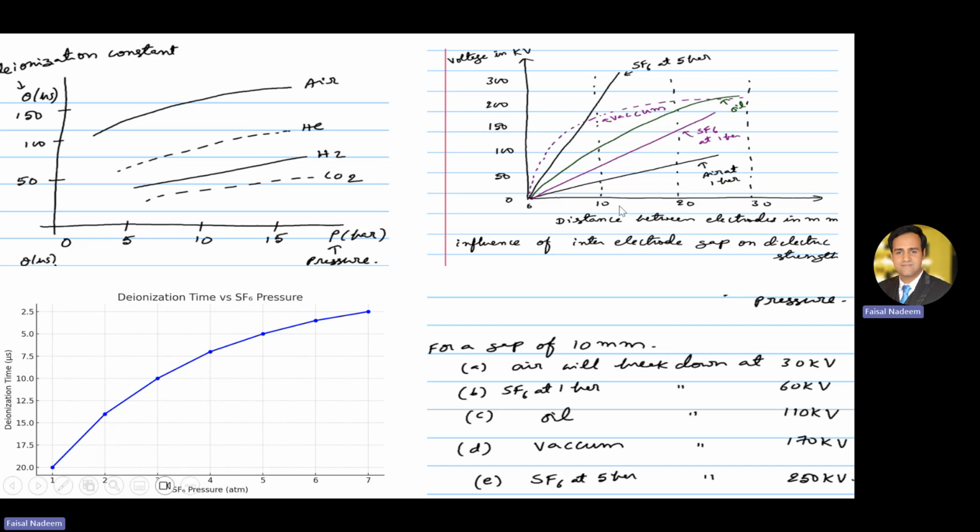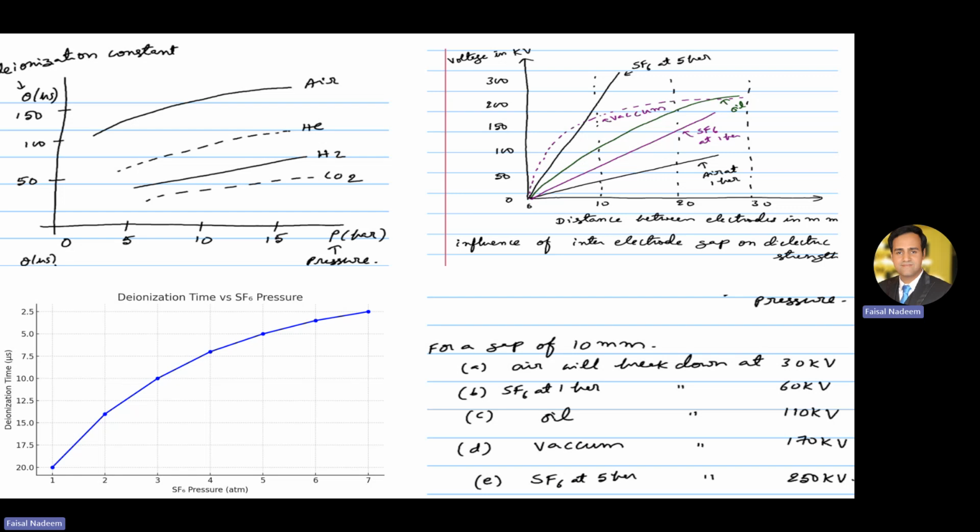So here we have a graph which indicates that the distance between the electrodes is minimum, and if that distance increases, what impact it has on the breakdown voltage inside the circuit breaker.